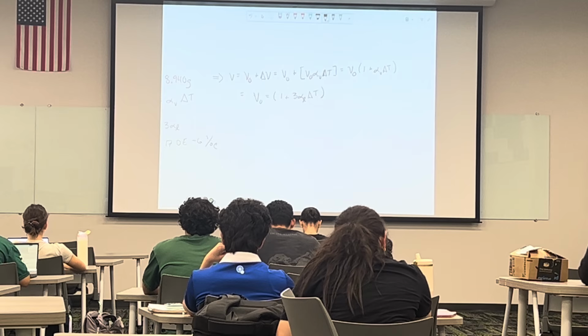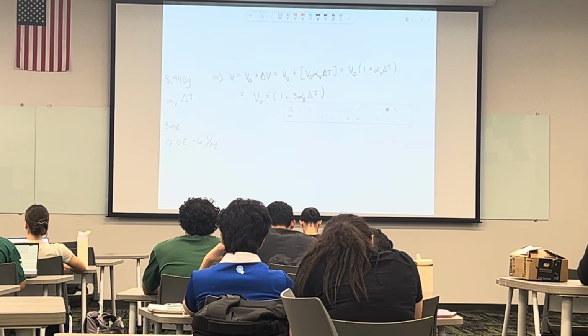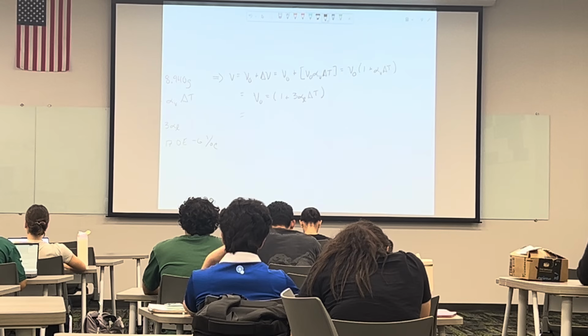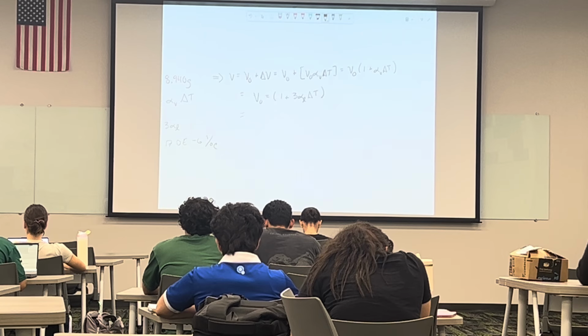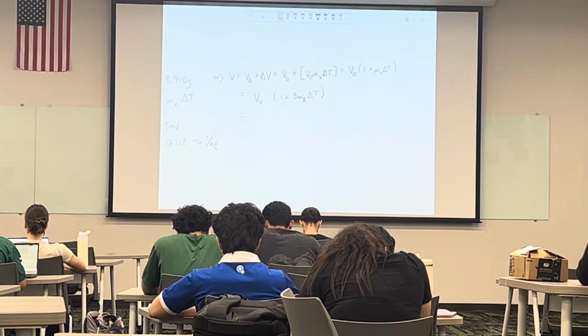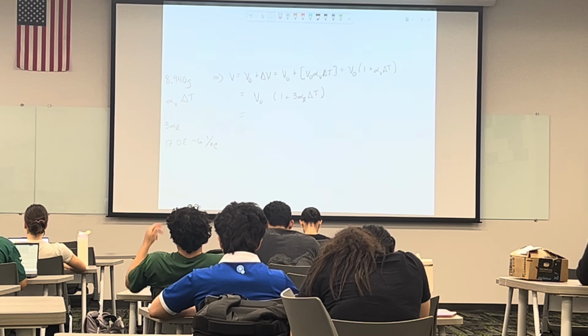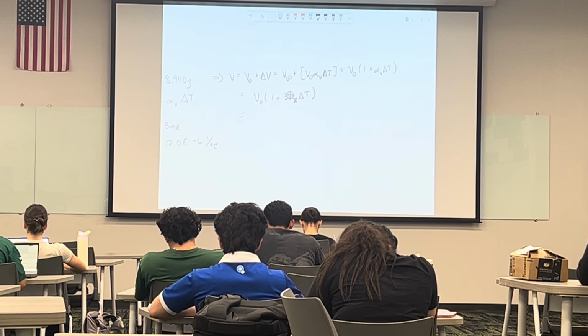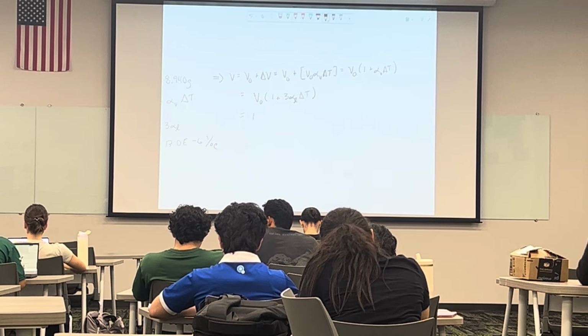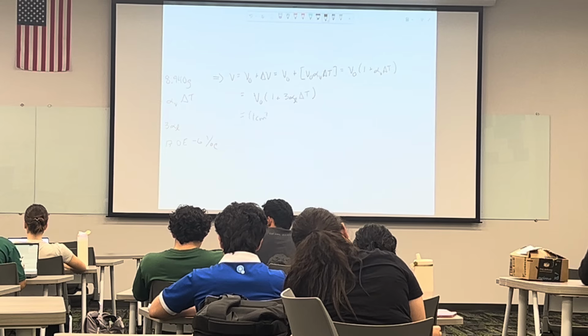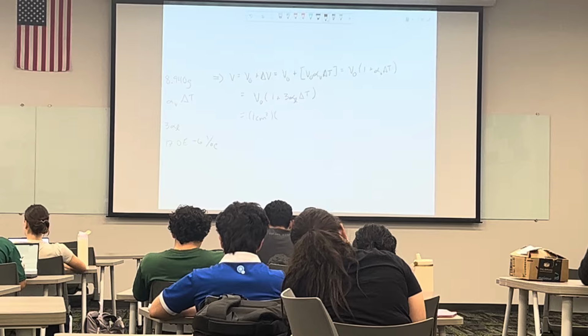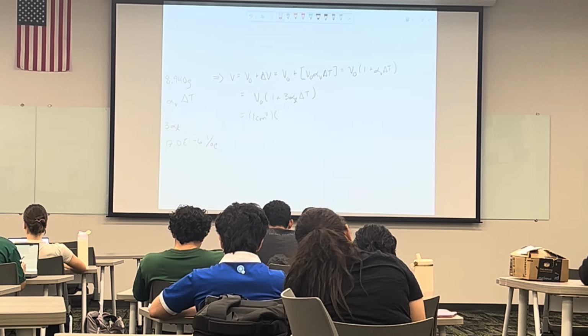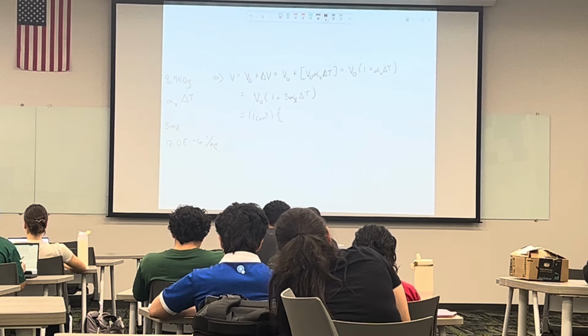And so from here, we would just plug in the values that were given to us. So what we should have here is the 1 centimeter cubed multiplied basically by all this.